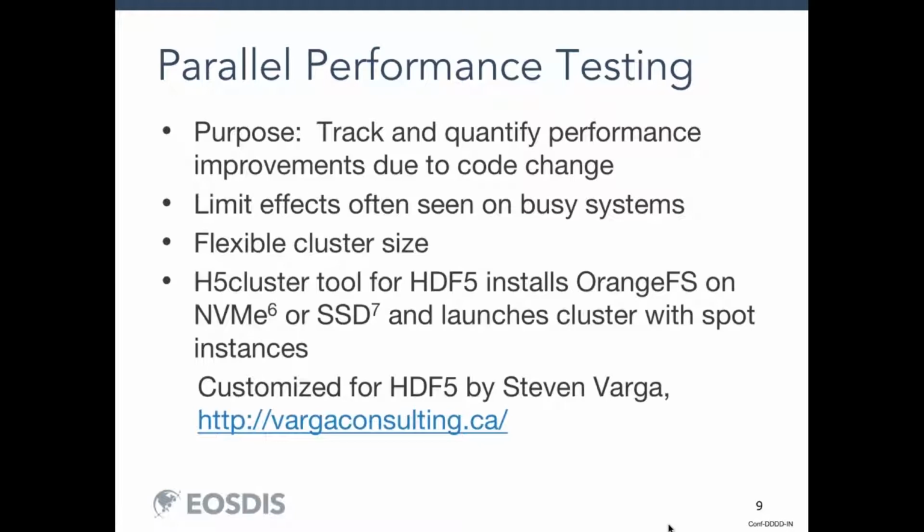From one day to the next or one run to the next, the results change. And we are hoping with this system, this H5 cluster tool, that we will get more consistent results so that we can see more immediately when performance changes.